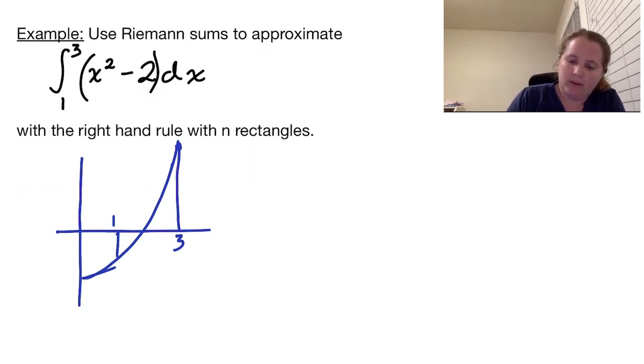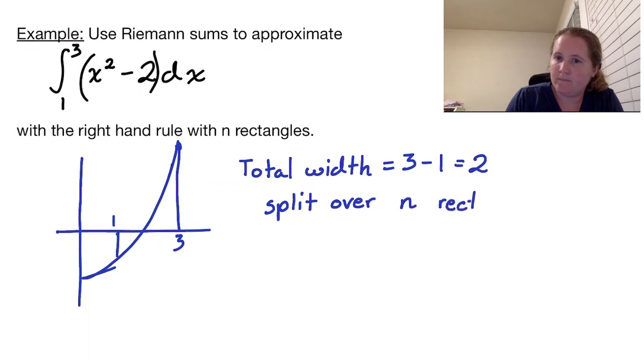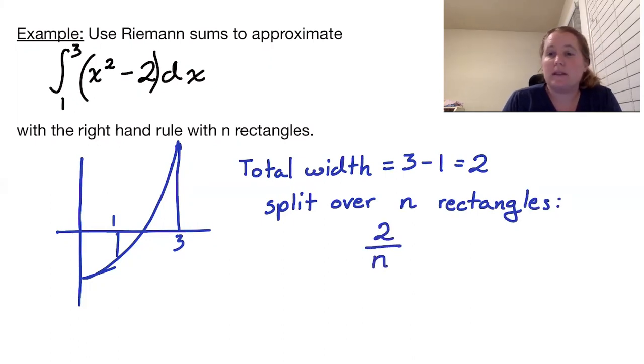So again, we have our total width, which is 3 minus 1 or 2. And we're going to split that width over n rectangles. And so we have, once again, 2 over n for each of our rectangles in width.